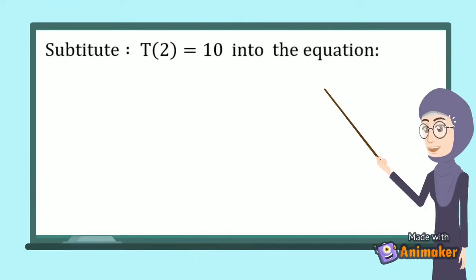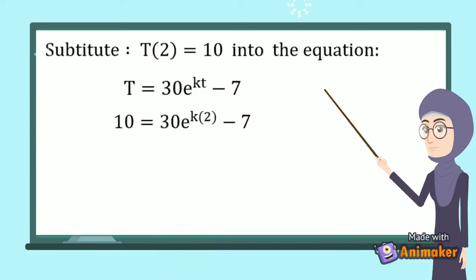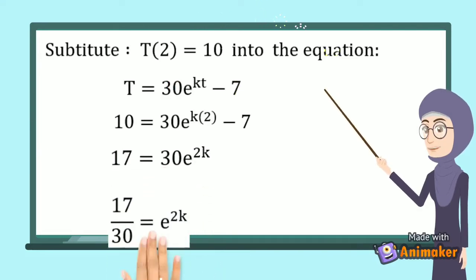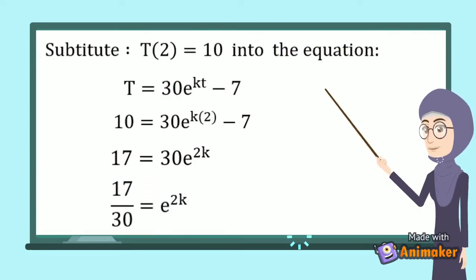We know that when the time t is equal to 2, the temperature is 10. We substitute all of this information into the equation to find the value of k. After we substitute, we get 10 is equal to 30 times e to the power of 2k, minus 7. We simplify this, and we get 17 divided by 30 is equal to e to the power of 2k.